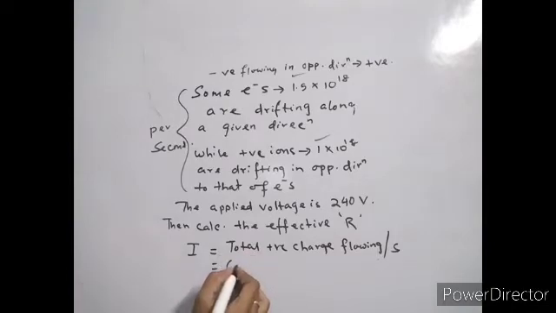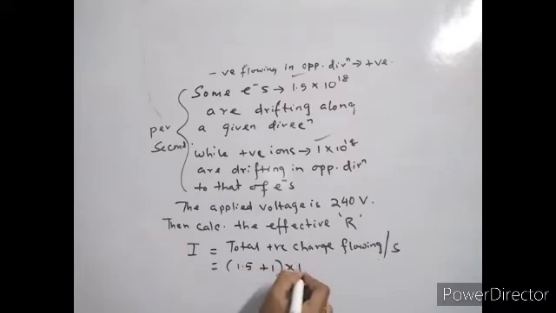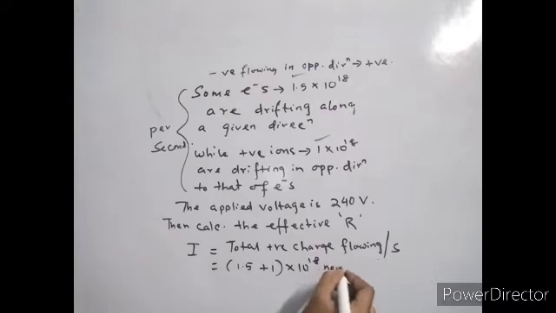So we just add them up, that is 1.5 plus 1 times 10 to the power 18, because both are now considered as positive charge flowing in the same direction. So this is the number of positive charge.